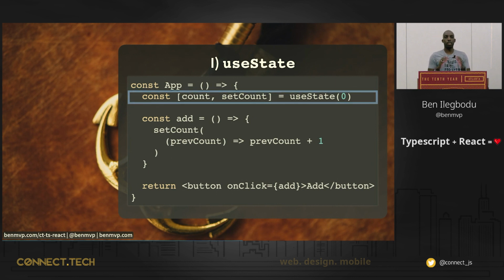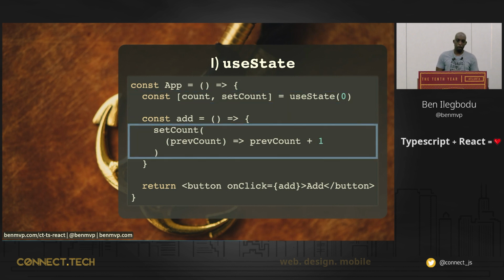So this is called type inference in TypeScript. So in this case, TypeScript infers that the value of count is a number because we passed in 0 as the default value. So setCount is the second parameter of the useState, as we can see there.